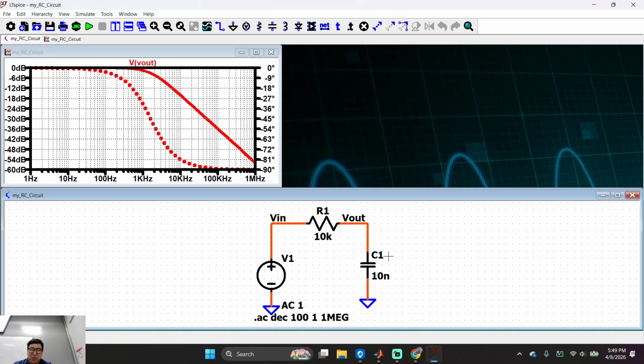Our pole was at about, what did I say for our pole? I don't remember. This is about 1K. So multiply that. Okay, that's frequency. S equals 2 pi F. So F, divide this. Okay, so it should be right here. So it's going to be around 100.